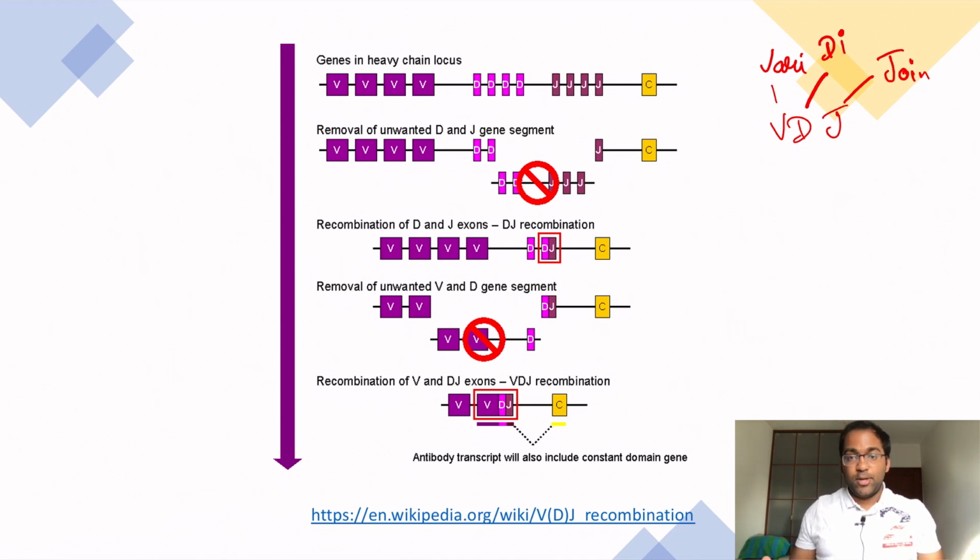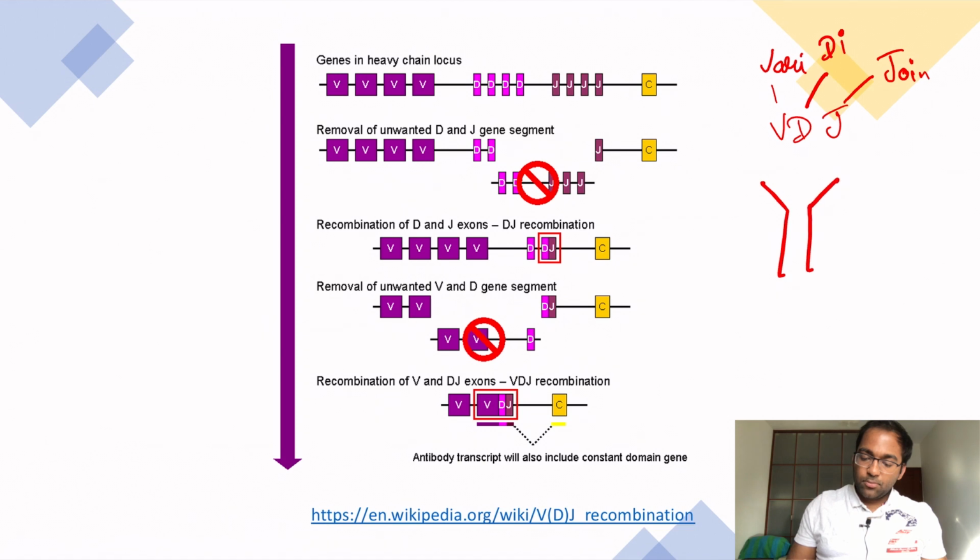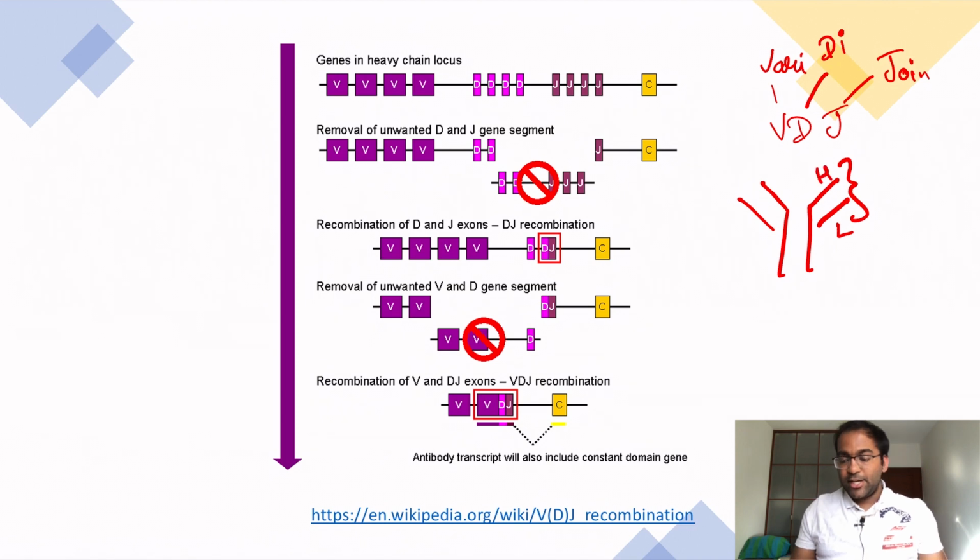Now if you know the structure of an antibody, then we know that we have a heavy chain and we have a light chain. Let me name this as L and H. L stands for light chain and H stands for heavy chain. This region is known as the FAB region.